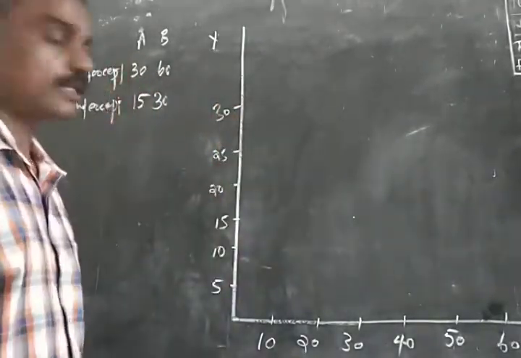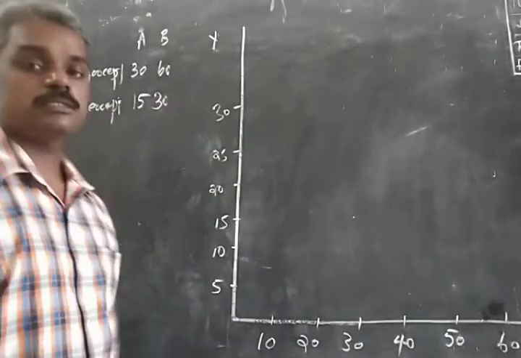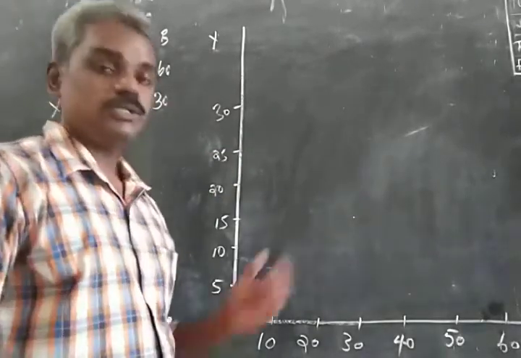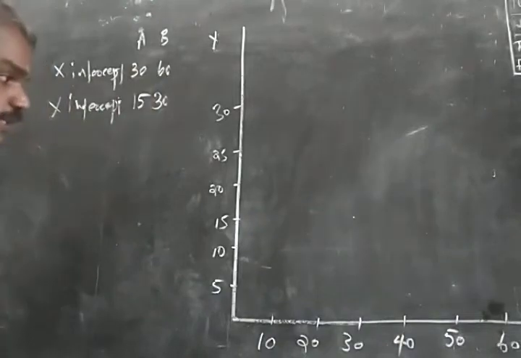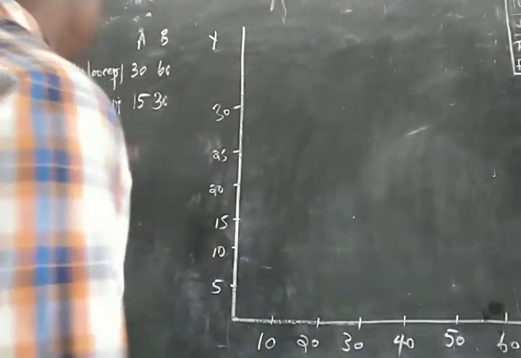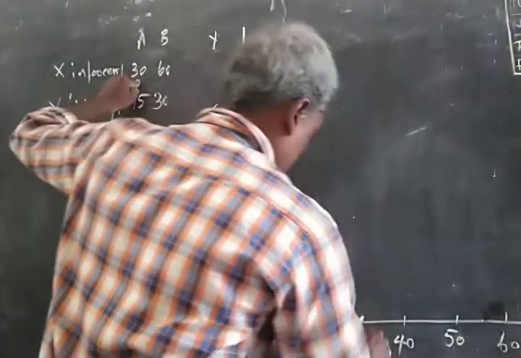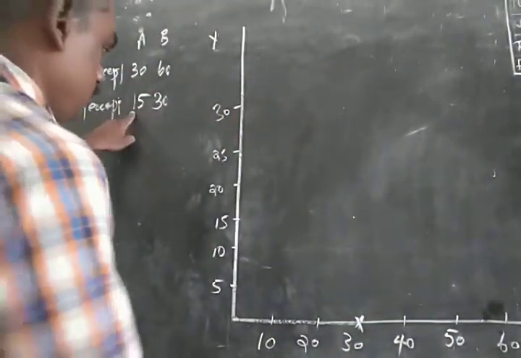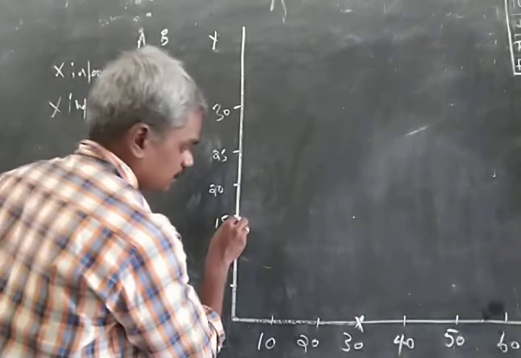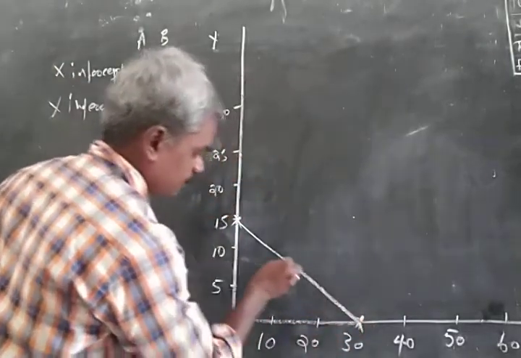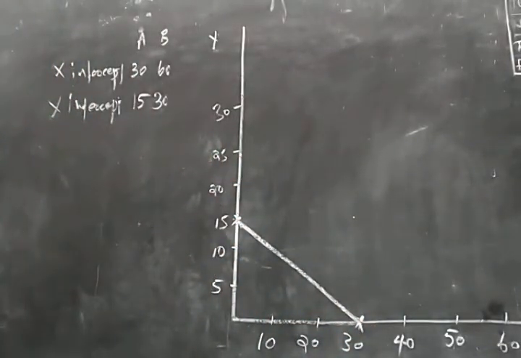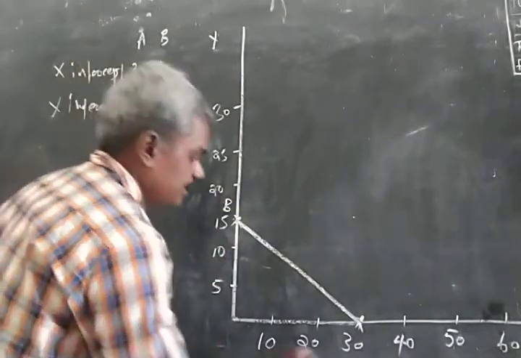The scale is not exact and it is different for the 2 axes, but what is important is the shape of the budget line. So in case A, the x-intercept was 30 and the y-intercept was 15. So we have 2 points here. We connect these 2 points and we get a budget line which we name as BL.